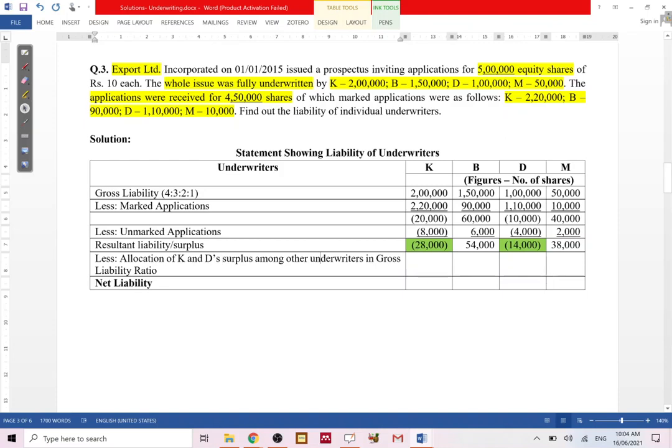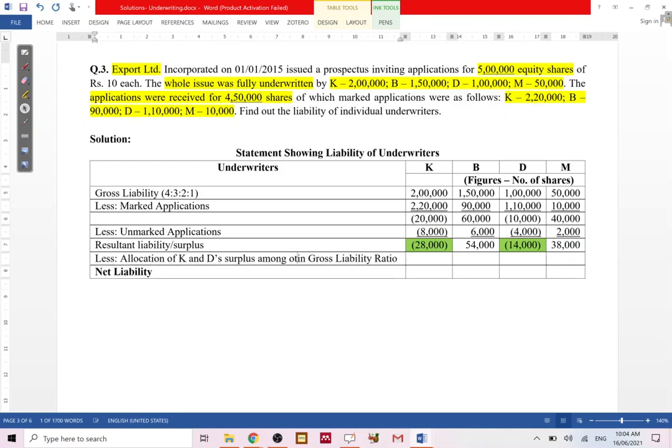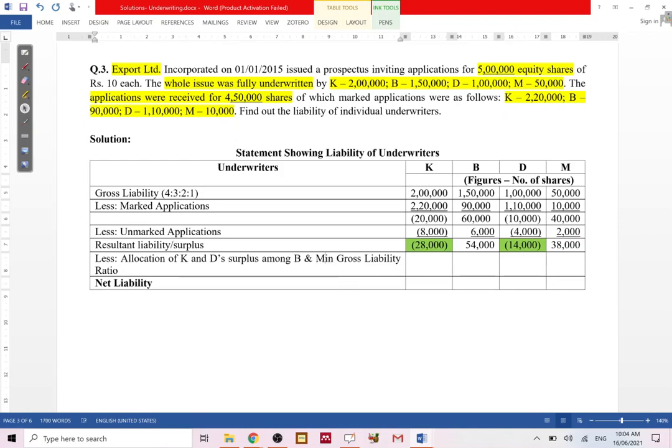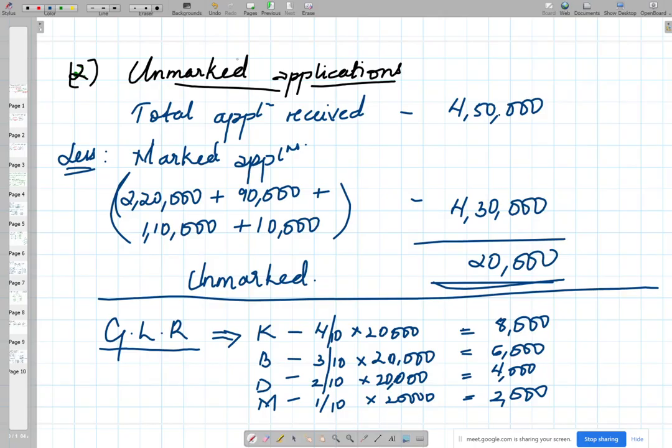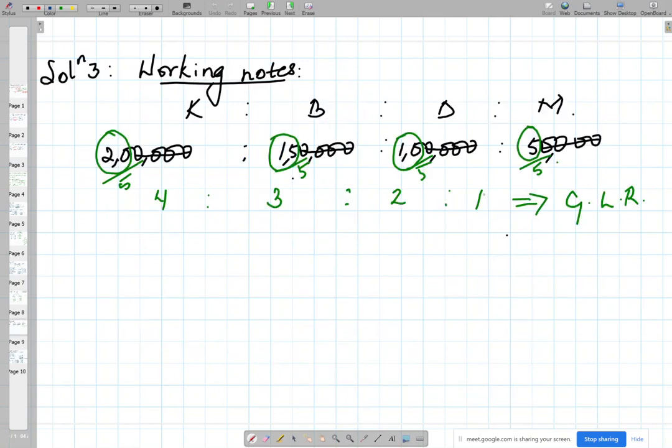Surplus among which other underwriters? I'll mention the name, among B and M in gross liability ratio of, now how much gross liability ratio are you going to take? Pay attention to this. Over here, this is your first working note for gross liability ratio.